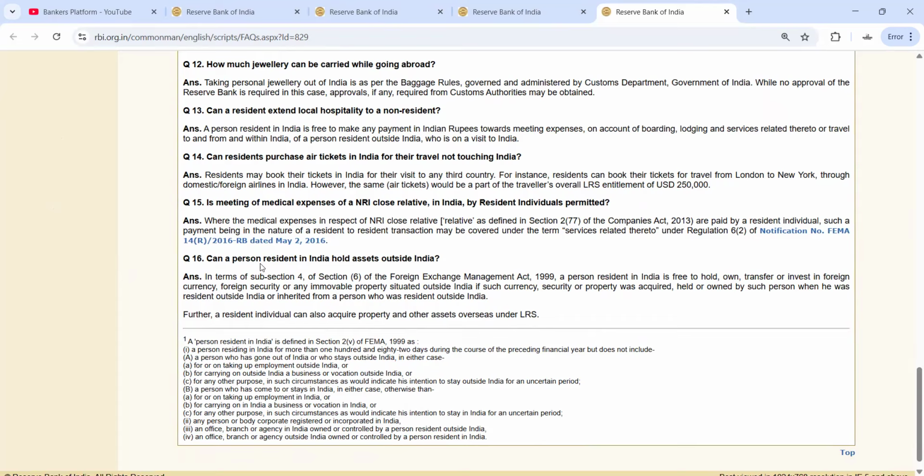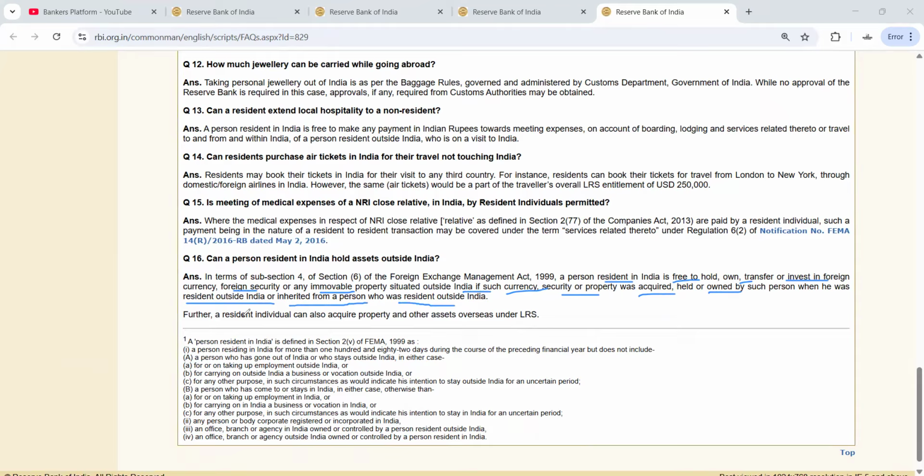Can a person resident in India hold assets outside India? In terms of subsection 4 of section 6 of the FEMA Act 1999, a person resident in India is free to hold, own, transfer, or invest in foreign currency, foreign security, or any immovable property situated outside India if such currency, security, or property was acquired, held, or owned by such person when he was resident outside India or inherited from a person who was resident outside India.